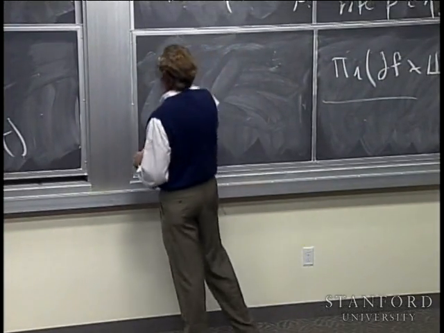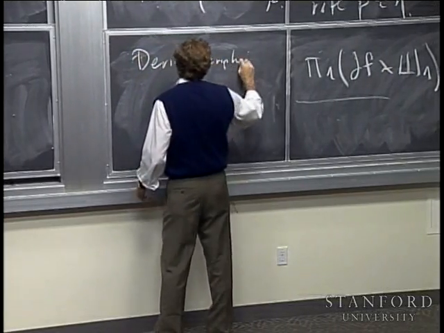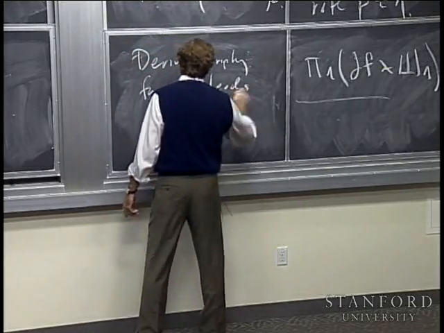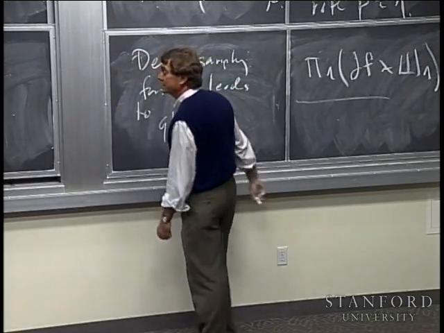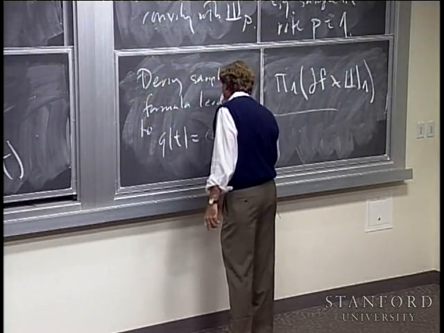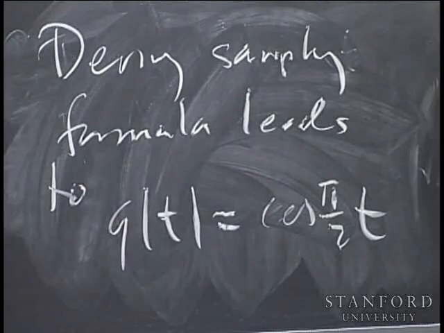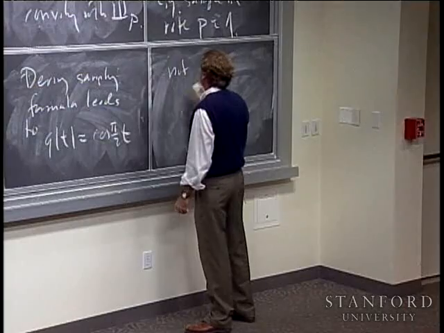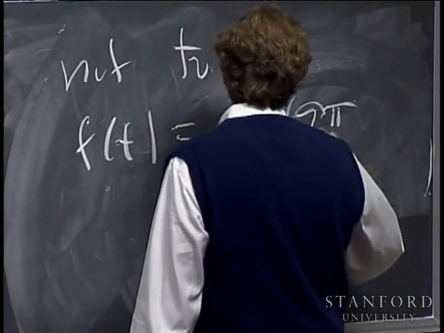All right, deriving the sampling formula, once again, leads to the function g of t is cosine of pi over 2 times t, not to f of t is equal to cosine of 9 pi over 2 times t.